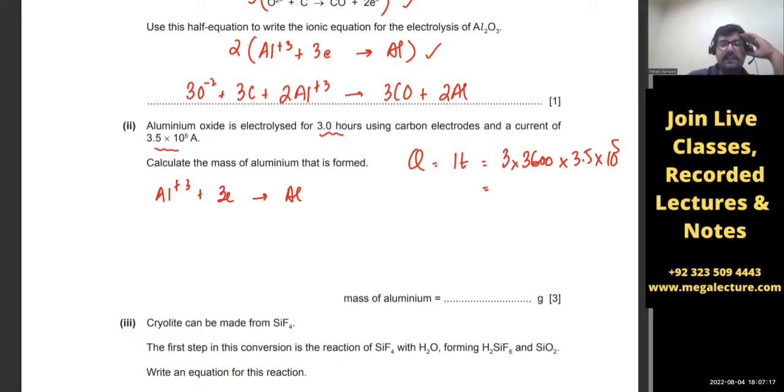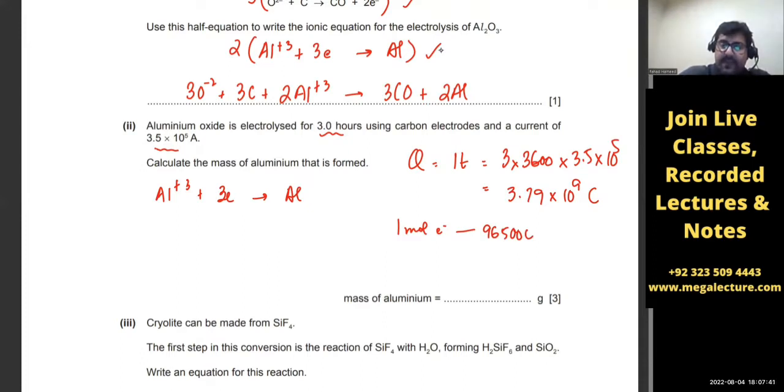Acha, so the value for this is 3.78 into 10 to the power 9 coulombs, right? Acha, what do we do with this? We use the Faraday constant. What is the charge on 1 mole of electrons? It's 96,500 coulombs.